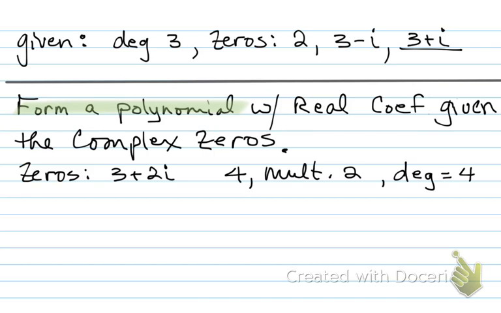And we're told that the degree is 4. As noted above, the other remaining zero is the conjugate, 3 minus 2i. So we have all 4 zeros that equal the degree of the polynomial.